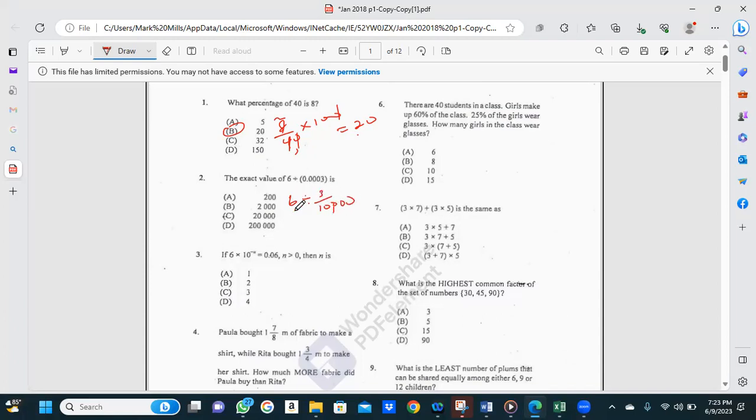Because we have 4 decimal places, so we give 10,000. Then what we do next would have been 6 times 10,000 divided by 3. So 3 goes to 1 time, 3 goes to 2 times. So multiply 2 times 10,000. That will give me 20,000. We get that? Yes. Sir, I do this a different way.